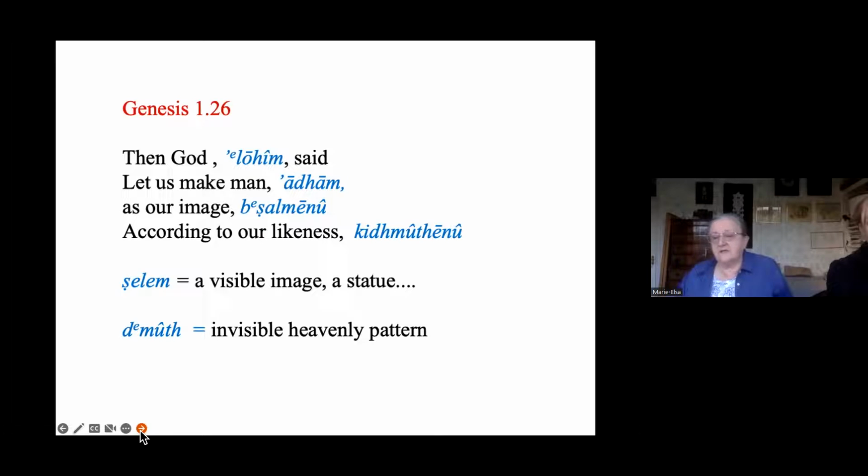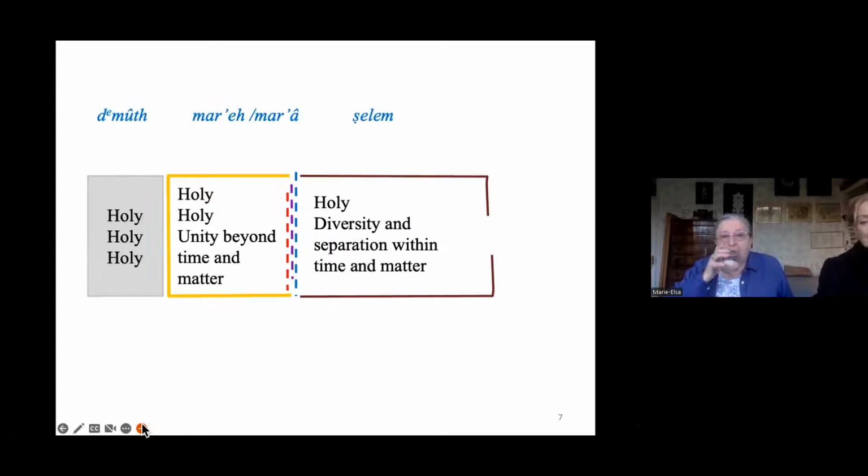Now, some more things about the next one. At the top there, I put the 3 stages. You could use the word emanation, but when you say that, you start thinking of Platonism and Gnosticism and all sorts of things. So I'm just going to call them the 3 stages.